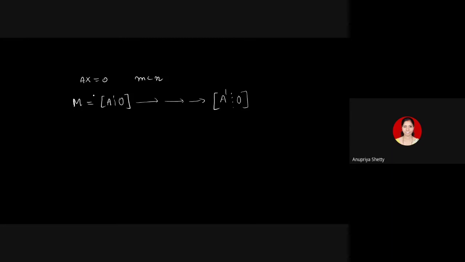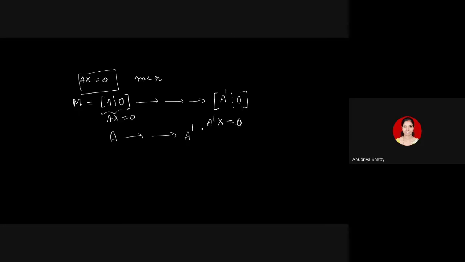So you don't have to, in fact, form this augmented matrix. When you have to solve the homogeneous system, Ax equal to 0, you can just start with A itself and apply the row operations and find out what happens to A. Because the second block remains as it is. In the earlier case, B will change to some new block B dash, but here it is a 0 column, it will remain a 0 column itself. So now solving Ax equal to 0 is equivalent to solving A dash x equal to 0 again.